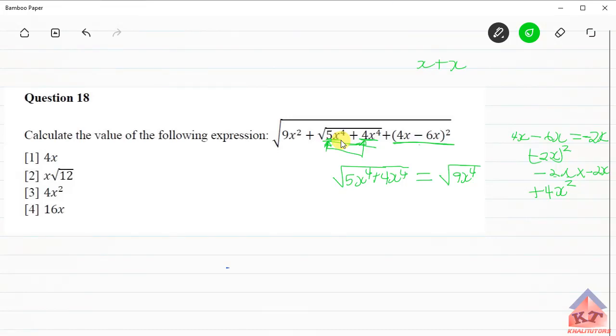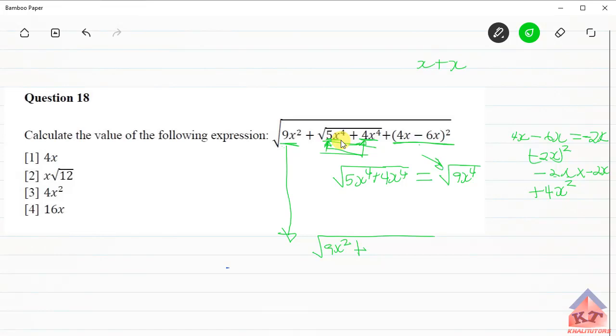So what does this mean? This simply means that if we write this again here with the simplified values, we'll have something like this. The square root of 9x squared, nothing was changed in relation to this one, plus this one here gave us this one here.